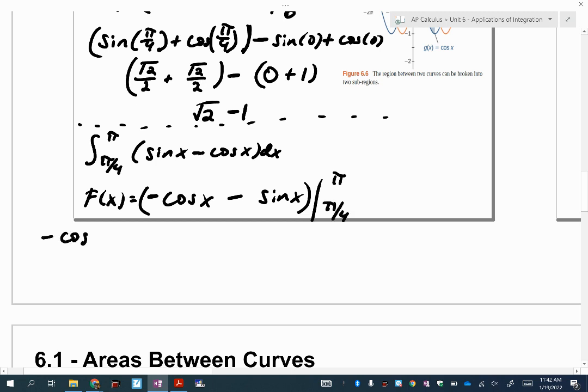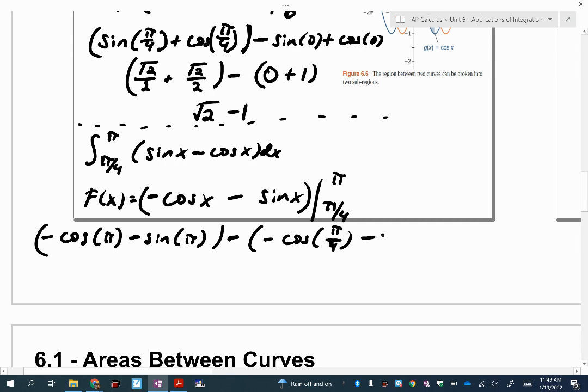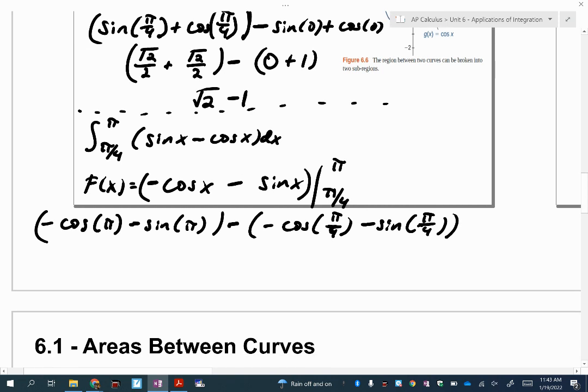So here we go. The opposite of the cosine of pi minus the sine of pi, whatever that is, minus the opposite of the cosine of pi over 4 minus the sine of pi over 4. Cosine of pi is negative 1, and the opposite of that is 1.